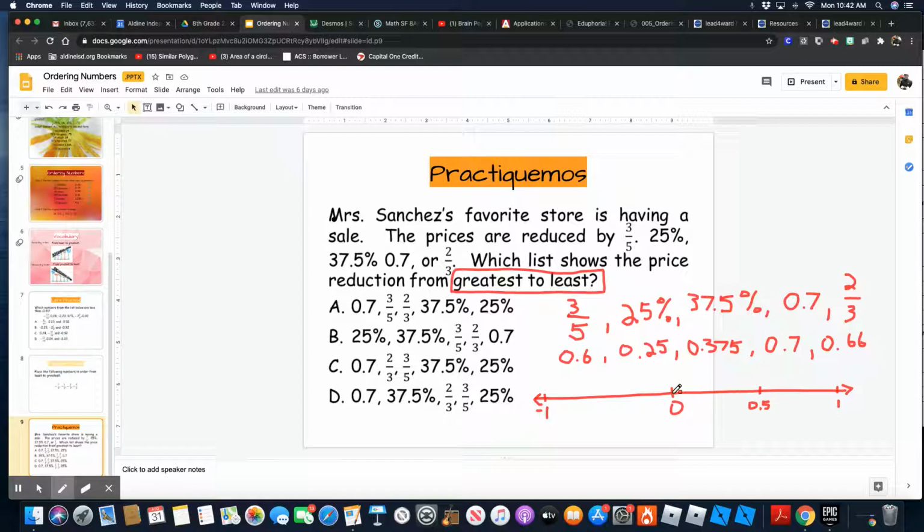Right, so it's between 0 and 1. It's bigger than 0.5. It's probably, I'd say, I don't know, right here. And actually here, I'll put the decimals down here. That was 0.6. And I'll put the original above it. So that was 3/5. That way you see both of them.